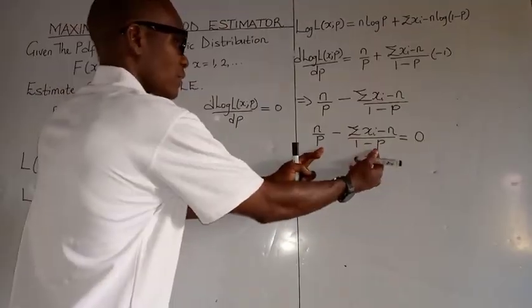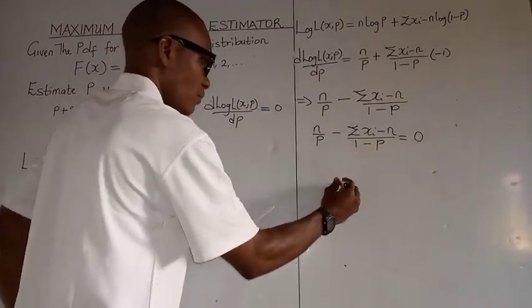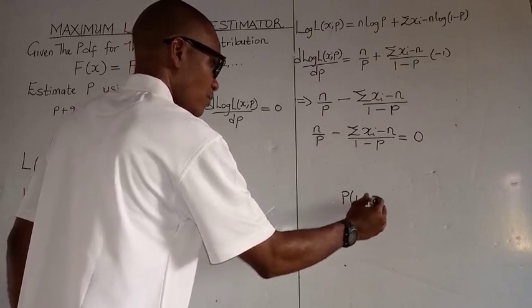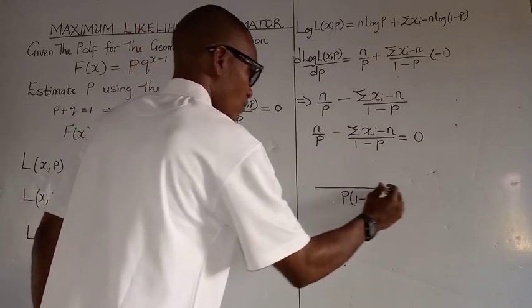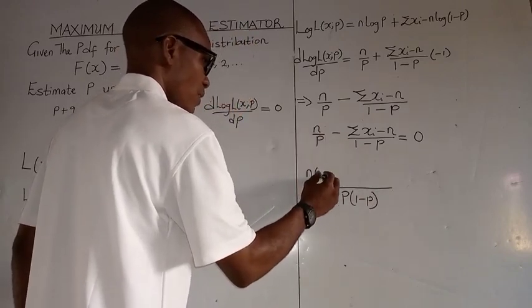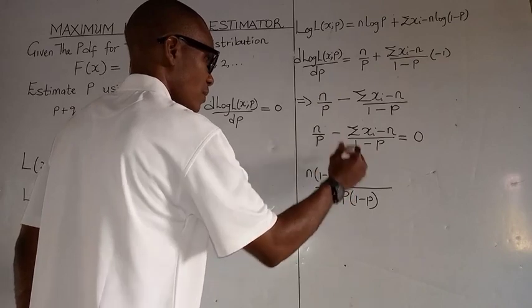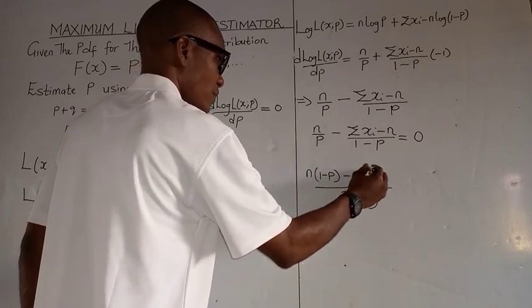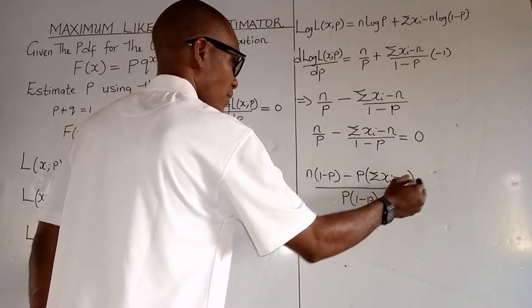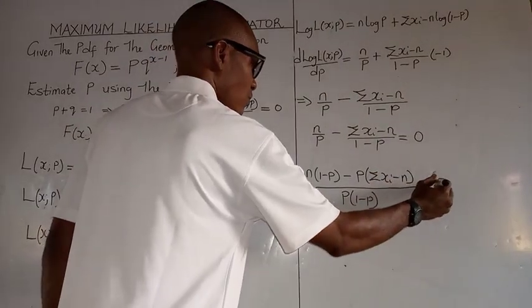If we take the LCM, we have P(1 minus P) over n multiplied by (1 minus P) minus P times summation of xi minus n equal to 0.